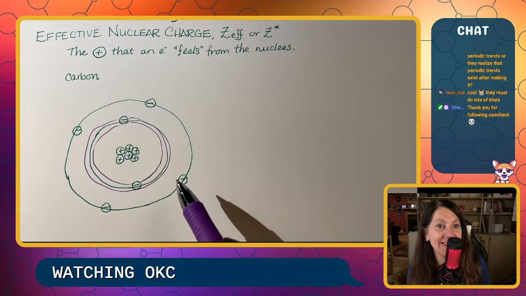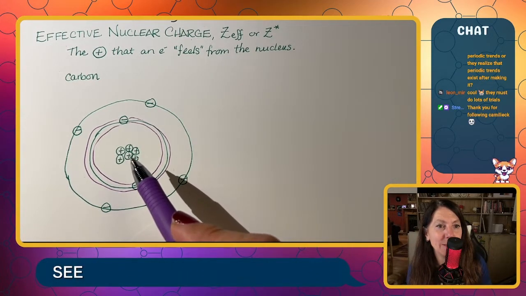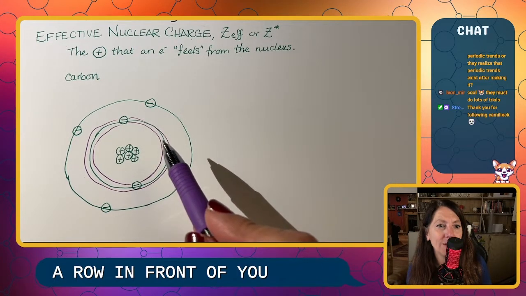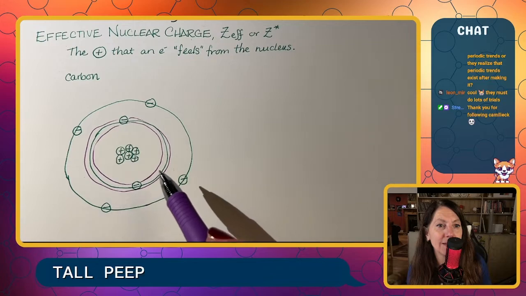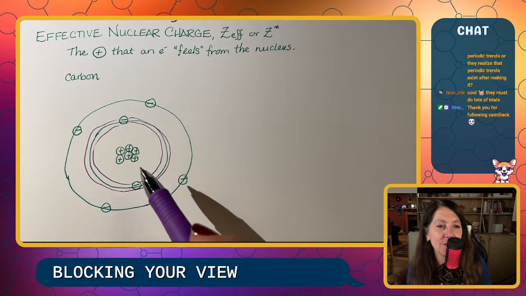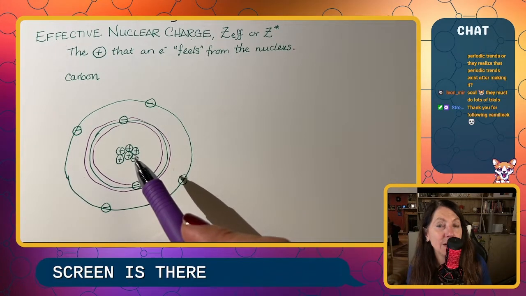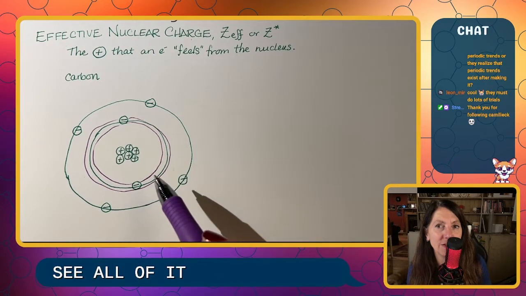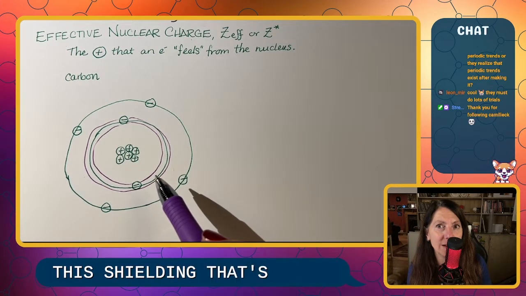Your eyes are looking and you want to see that movie, but there's a row in front of you with a whole bunch of really tall people blocking your view. So the screen is there, you can see a lot of it, you just can't see all of it because of this shielding that's going on.